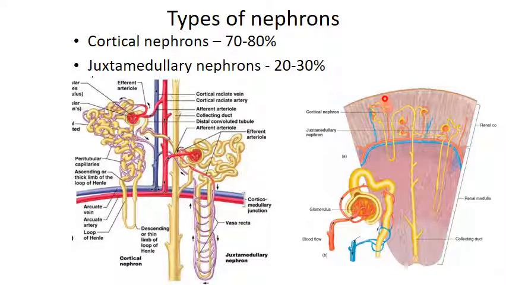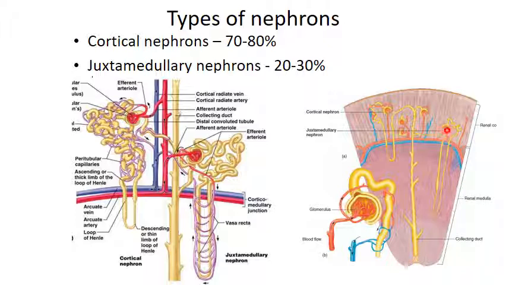This nephron which has its glomerulus present higher in the renal cortex, or closer to the outer region of the renal cortex, is a cortical nephron. And you can see that in case of the cortical nephron, the loop of Henle is short and it is not penetrating very much deep inside the renal medulla.